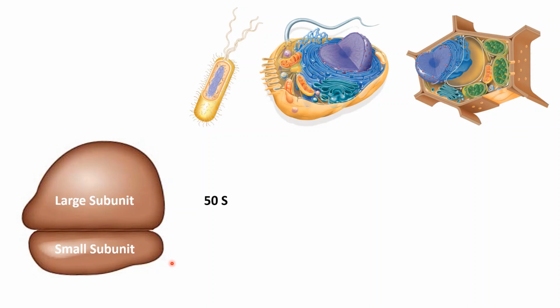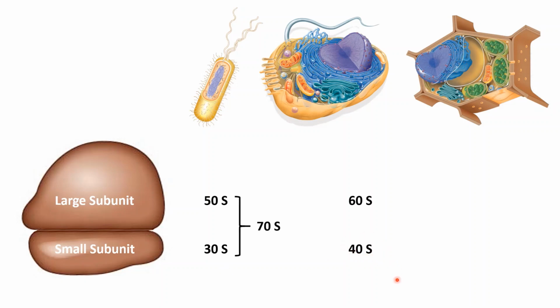In prokaryotic cells, the large subunit is described to be 50S, while in eukaryotic cells, both animal and plant cells, the large subunit is described to be 60S. The small subunit in prokaryotes is described as 30S, and for eukaryotes, it's 40S.